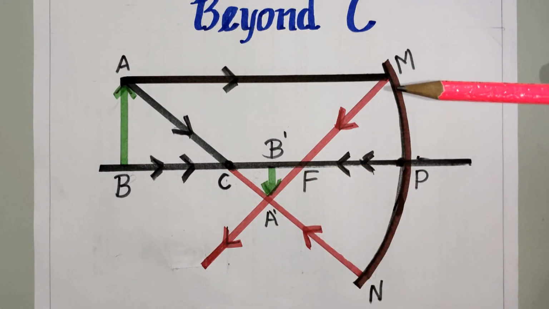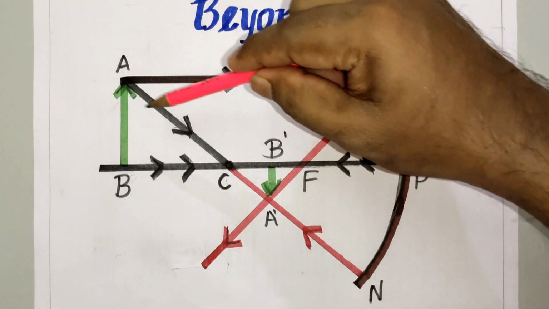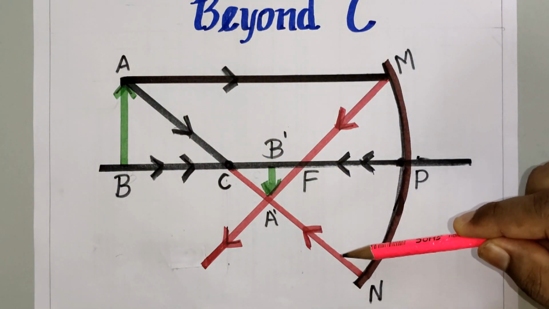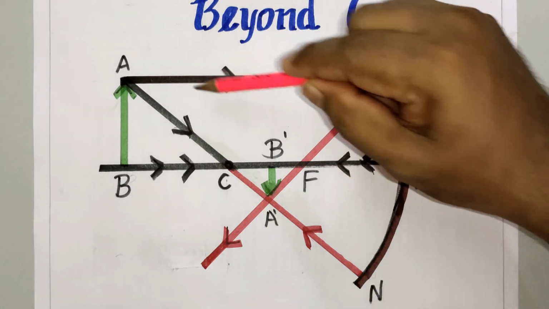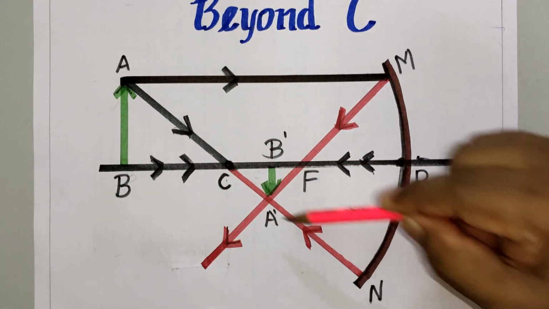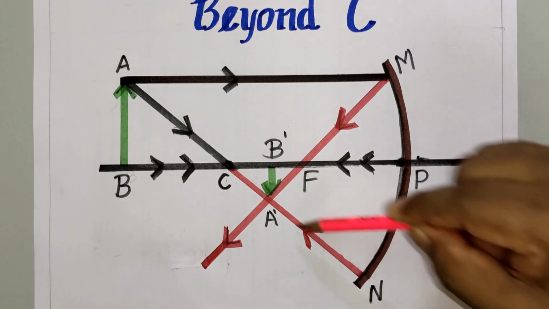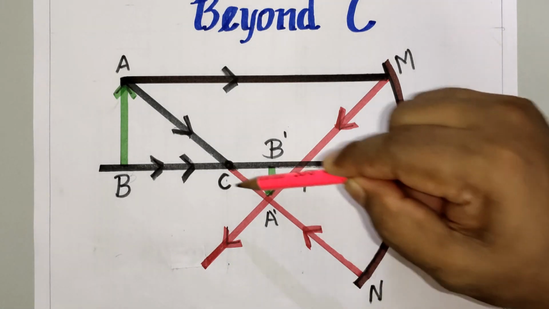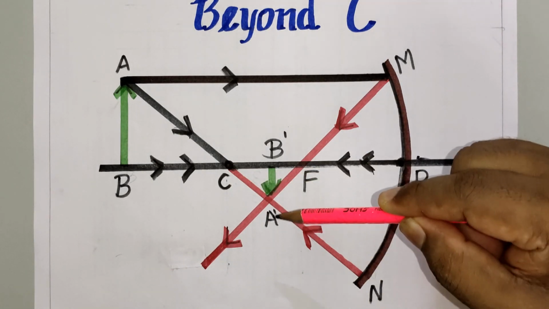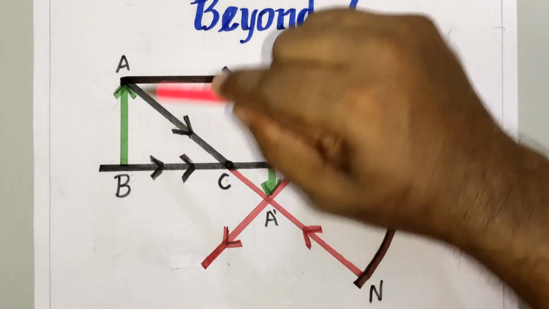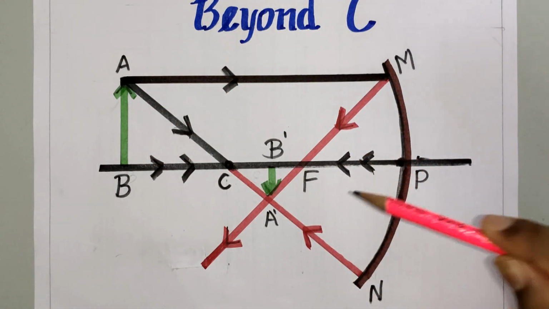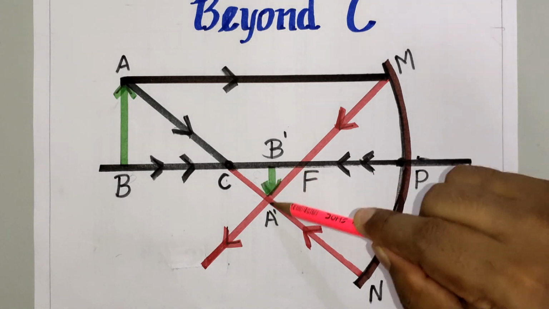Another rule, if the light ray passes through C, then it will reflect through C itself. Now these two reflected rays meet between C and F. So we will get the image between C and F. For this position, we will get a real and inverted image.